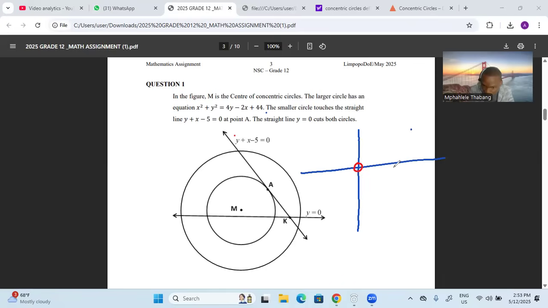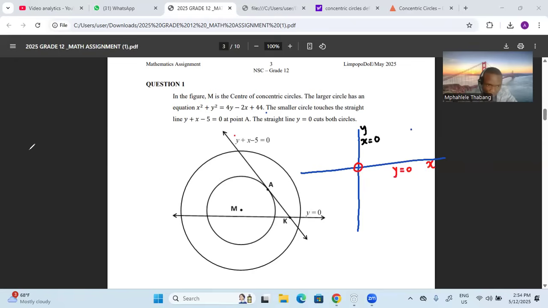The line of y equals 0 is the x-axis, which means the line of x equals 0 is the y-axis. So y equals 0 simply says along any point on the line, the y coordinate is always 0. And if we talk about the y coordinate being 0, we are talking about the x-intercept. If we talk about a point where y is 0, we are simply talking about the x-intercept.